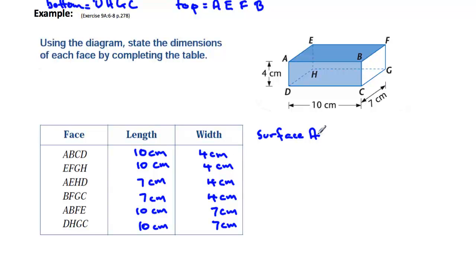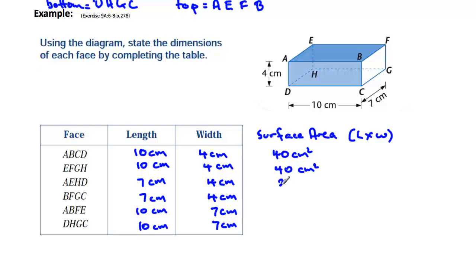Surface area is length times breadth. So I'll just put here length times width. We'll use the word width rather than breadth because it's in the table here. And so without actually writing all the calculations, we could see that this would be 40 centimetres squared, and again 40 centimetres squared.